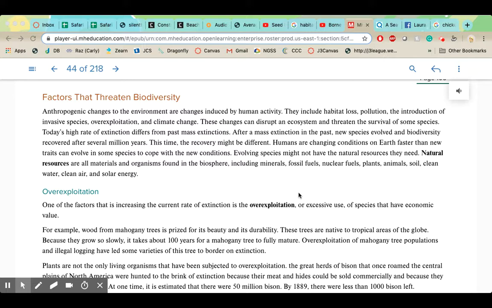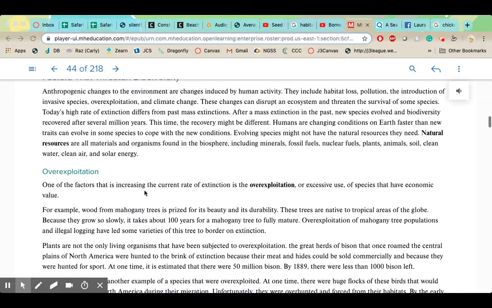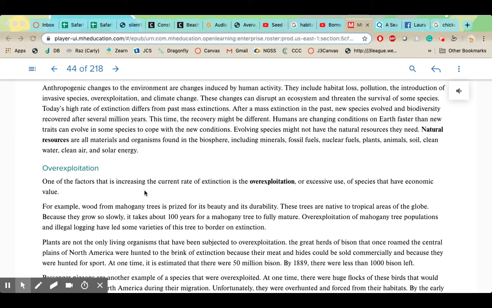But those are 5 or 6 anthropogenic changes, human causes that affect extinction.